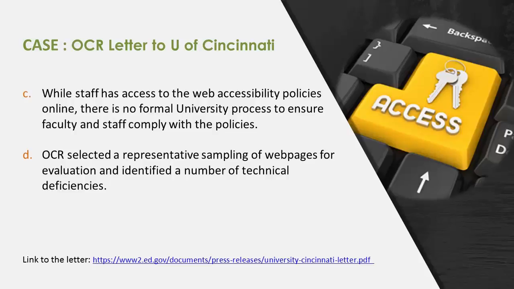And last, the OCR selected a representative sampling of web pages and identified a number of technical deficiencies. So here is the link to the letter. I highly recommend you to go to their website and to read this letter carefully.